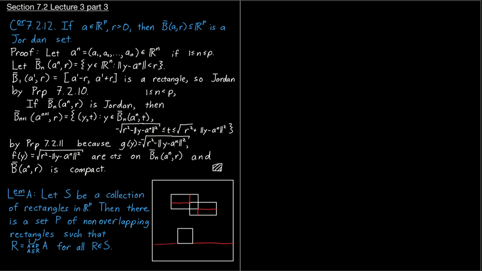Then any of the rectangles you started with is now a union of the rectangles in the new set. So this yellow rectangle, this big rectangle that we started with, is the union of these four little yellow rectangles.